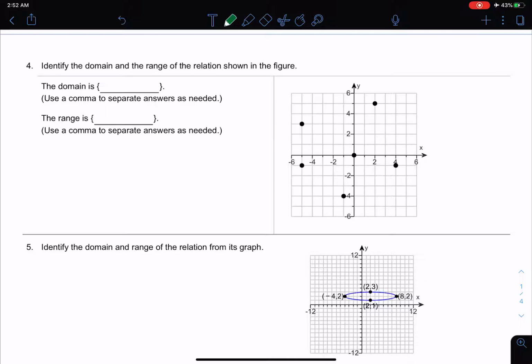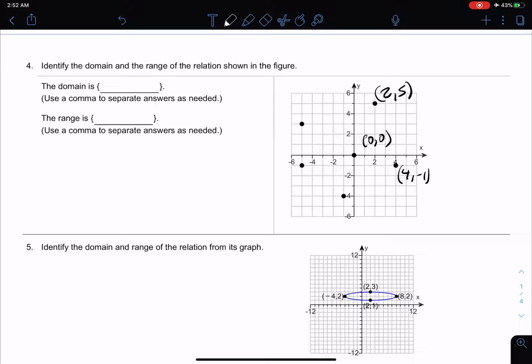So I think what I need to do is label these points. Looks like I've got (2, 5), (4, -1), and (0, 0).